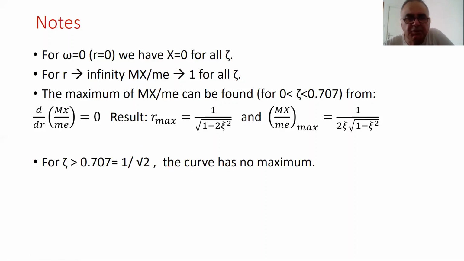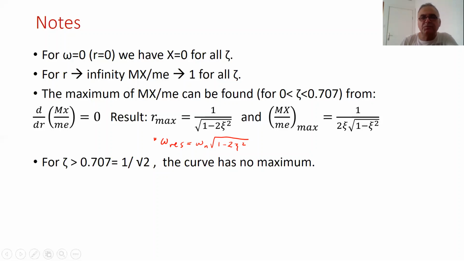So the resonance frequency, again, is the same as our previous case. It is omega resonance equals omega n over the square root of 1 minus 2 zeta squared again.